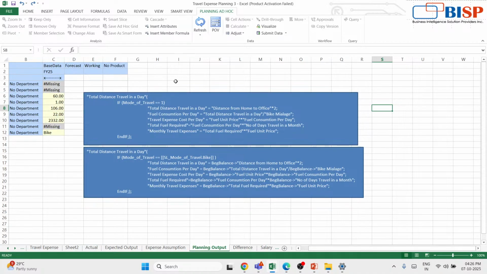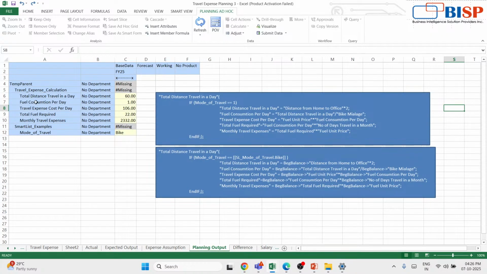Here is the business rule of total distance travel in a day. So the mode of travel, this is the business rule.